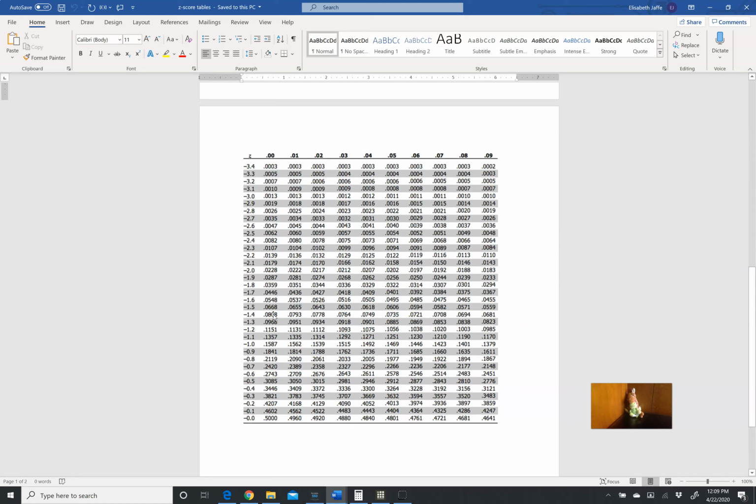This is negative 1.41, so 1.41 is 0.0793.